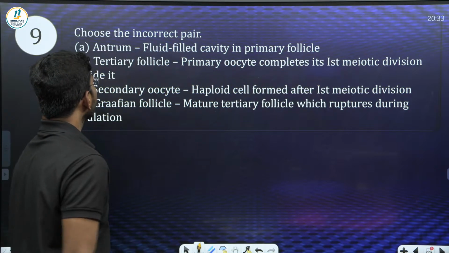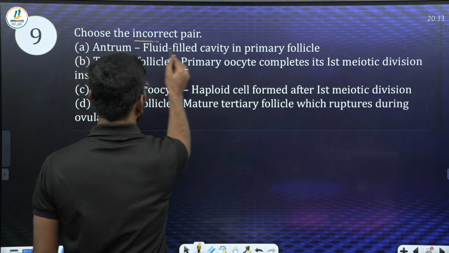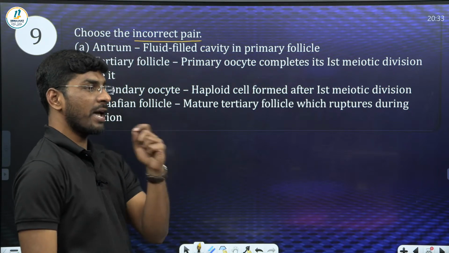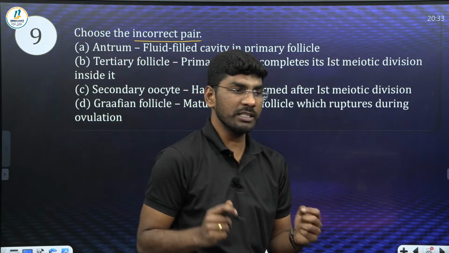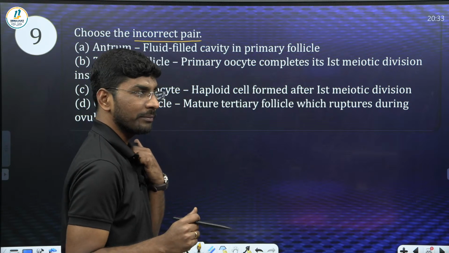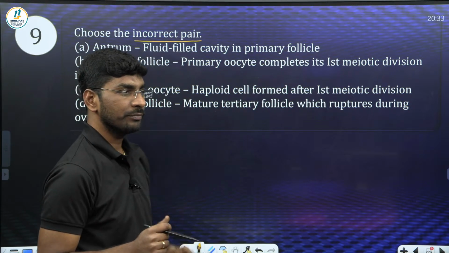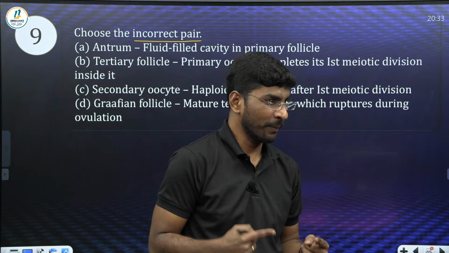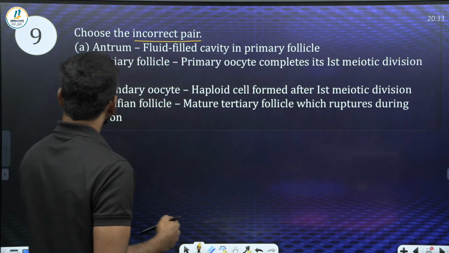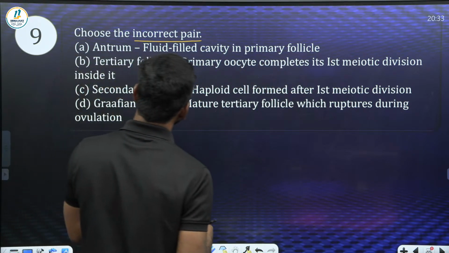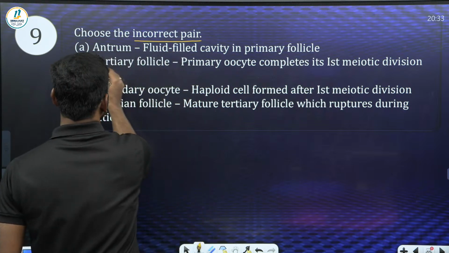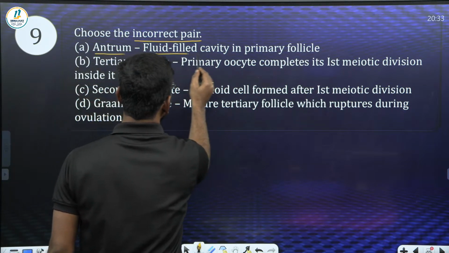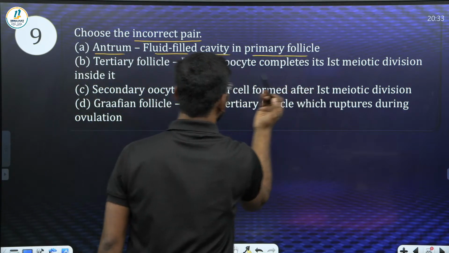Next, what about this? Choose the incorrect statement. Choose the incorrect pair. Something is incorrect here. Any one of you? Antrum, fluid filled cavity in primary follicle.